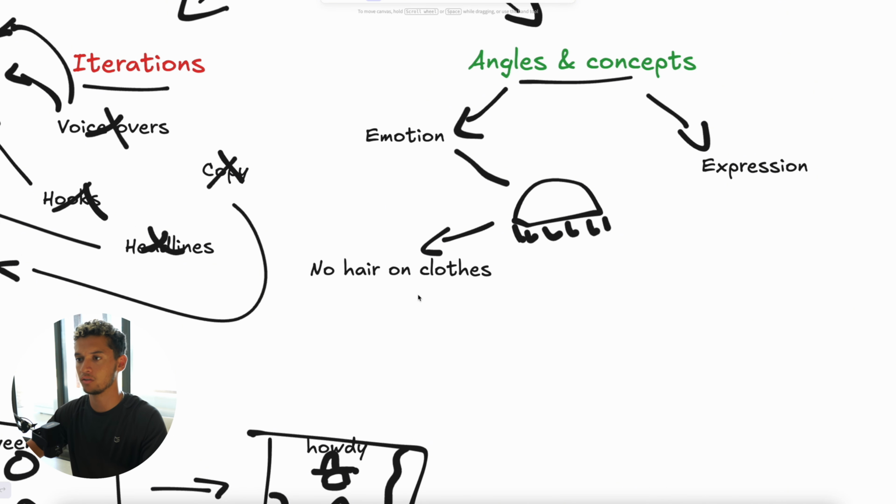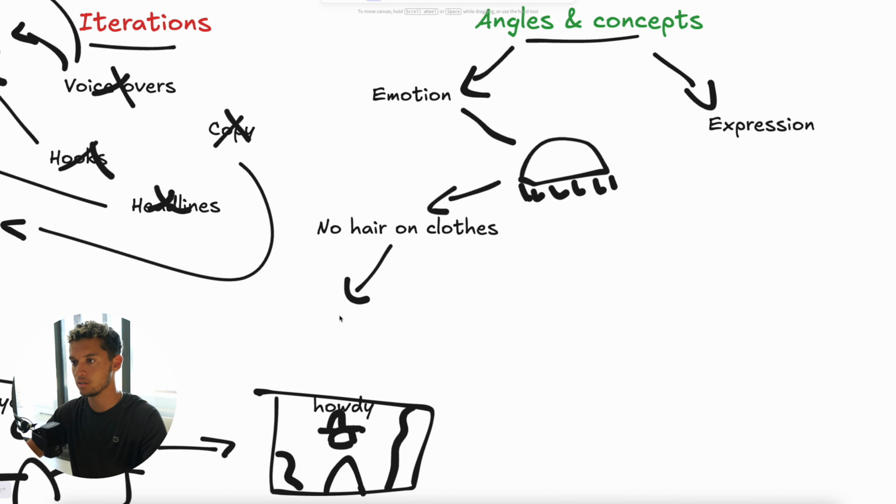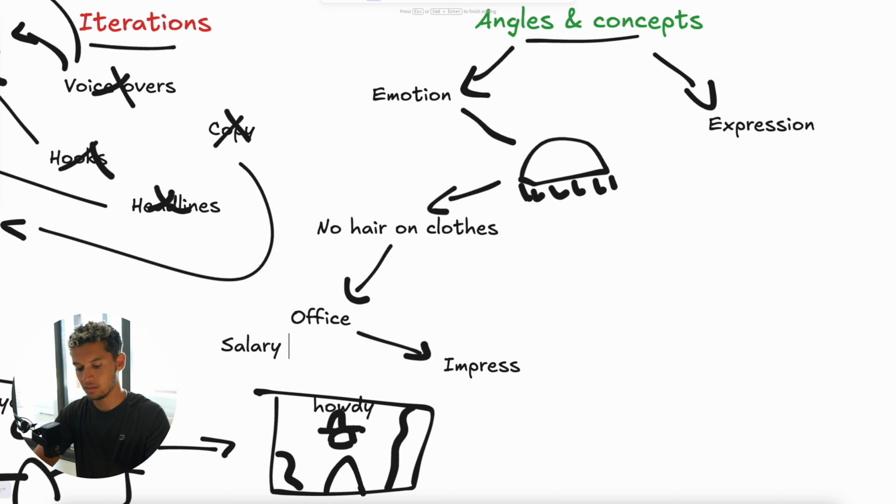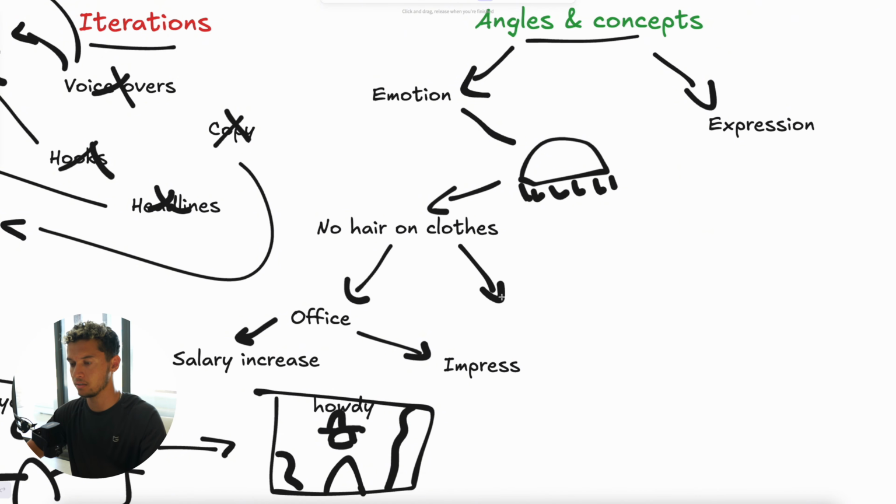Like why do you not want hair on clothes? Because you work at an office, you want to impress your coworkers. Impress. And maybe you want a salary increase, whatever that's called. And then maybe you have someone that's allergic and you want to be kind to that person, you want to hang out with the person.